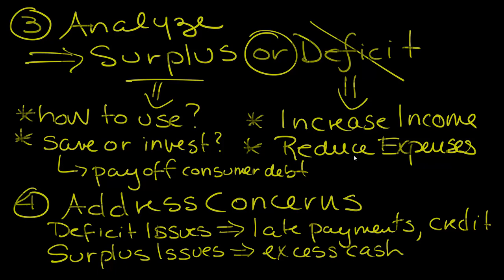And so looking at that surplus, you're going to talk to them about how they want to use it, saving or investing, or paying off debt. But that may also expand into a conversation about banking options and how they actually manage their day-to-day cash versus their cash that is reserved for emergencies or long-term needs.